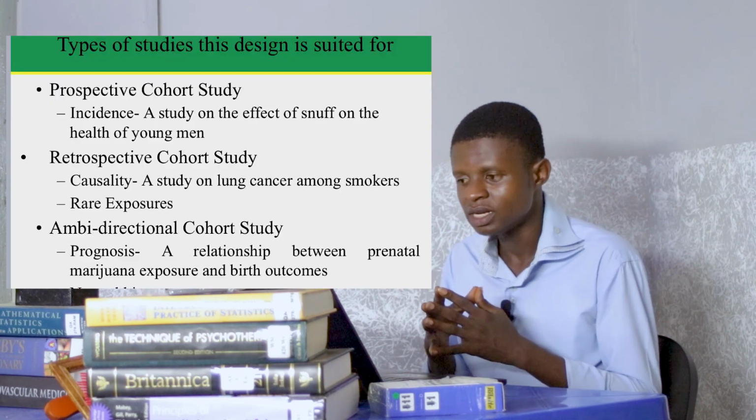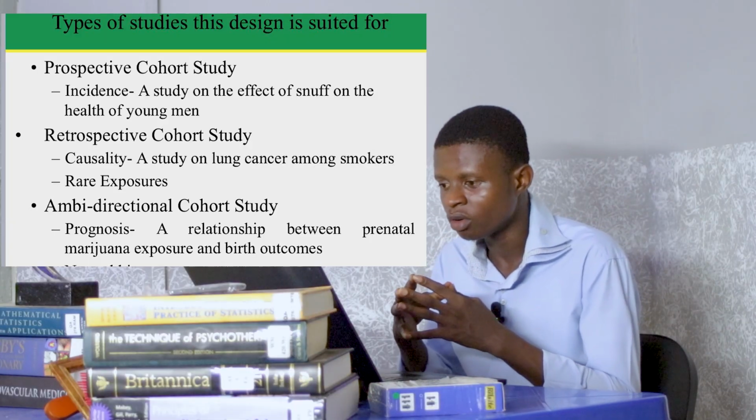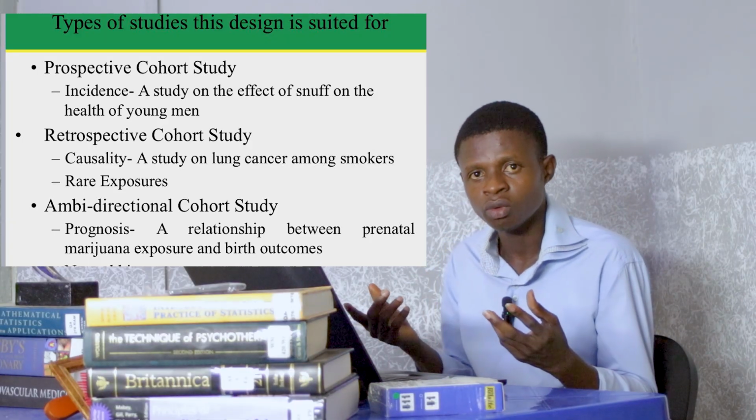So with the types of study that best suit cohort study, a prospective study is able to determine incidence, unlike case control, which is not able to predict incidence. For example, a study on the effect of snuff on the health of young people.